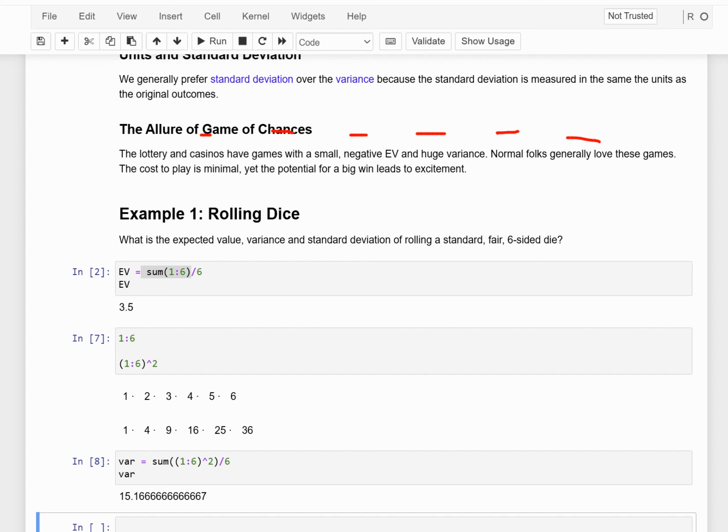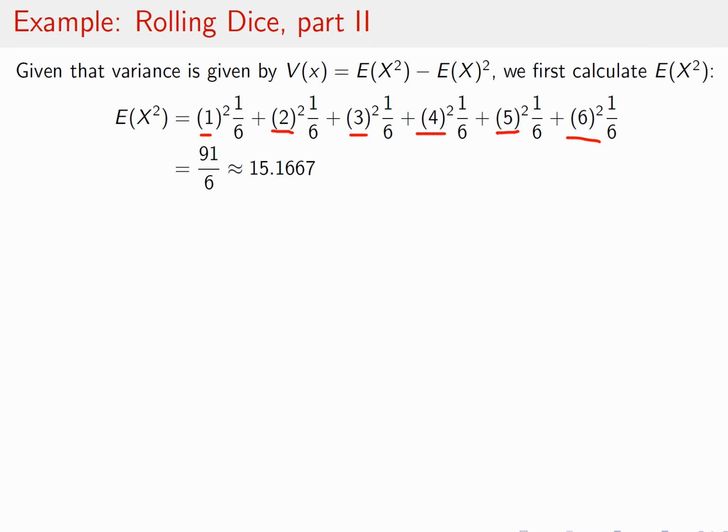Okay, so let's check this out, and that's exactly what we get when we use a calculator or a spreadsheet or whatever machine we're using to help us add all this up. And so that's the expected value of x squared.